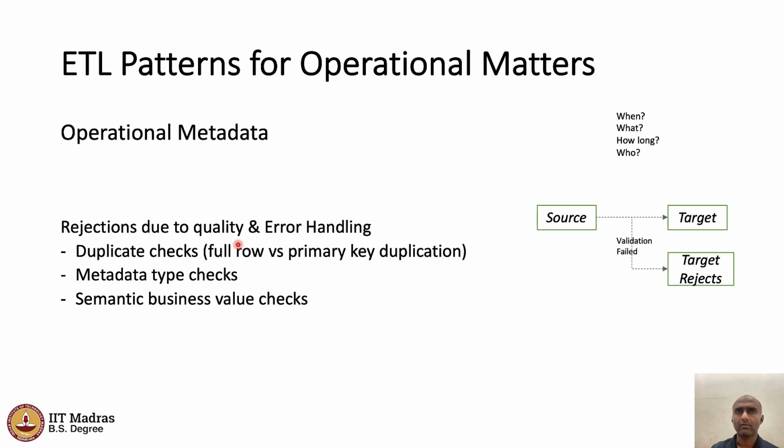But even there are scenarios where it could genuinely be possible that the entire row is coming again. So think about event sourcing. Event sourcing, we spoke about this paradigm in week three's lecture. Event sourcing captures the changes as separate events. CDC, the change data capture, is one such example of an event sourcing paradigm. You could have the record of a particular table be changed to some other value and be changed back to its original value.